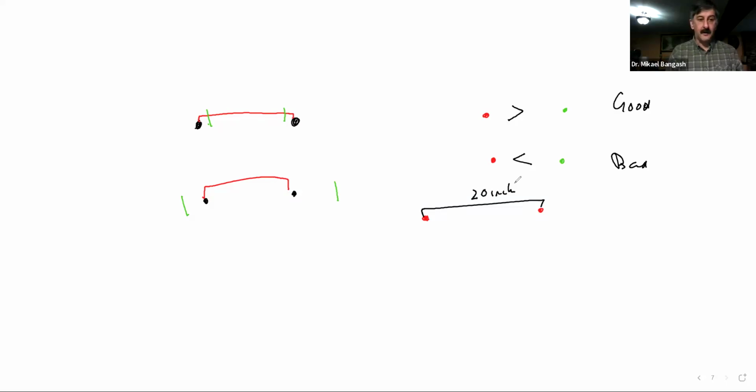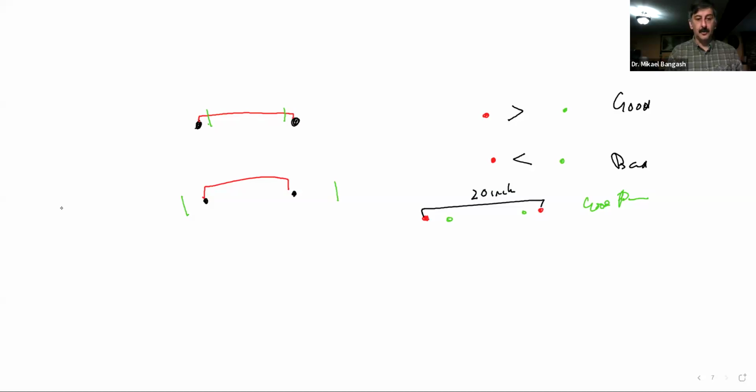As long as your shoulder span is 20 inches or less, you'll be able to pass through that door with no problem. So we can say a good passage through the door, right?